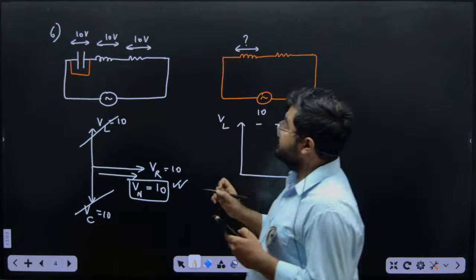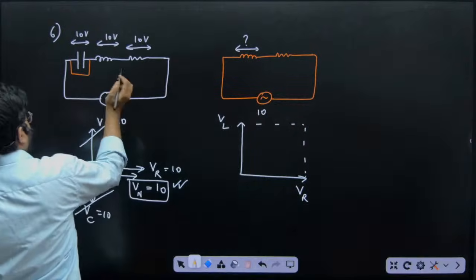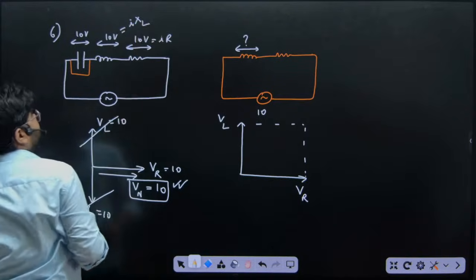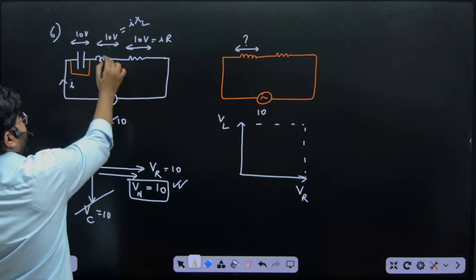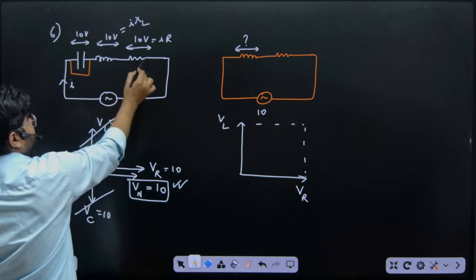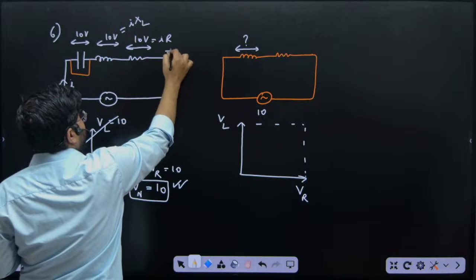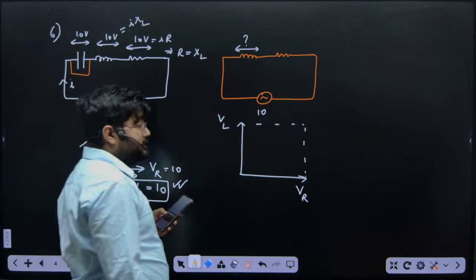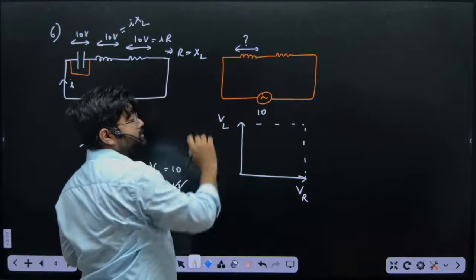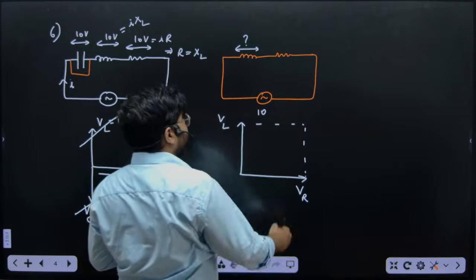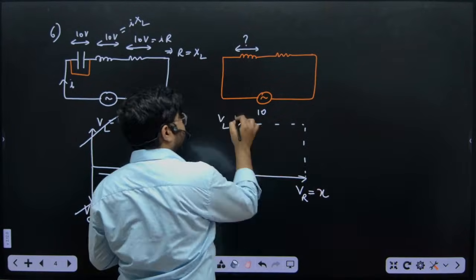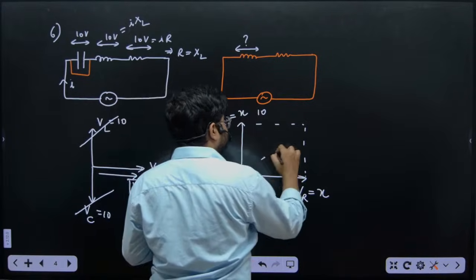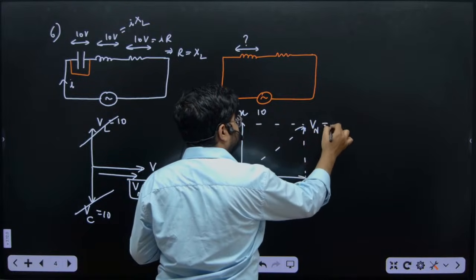From before, as the voltages were equal, we know this is IR and this is I XL. Since they have the same current and they had the same 10 volt across the resistor and the inductor, that means R and XL were equal. That means VR and VL will be equal here also. So if this is X, then this will also be X. The net voltage is given as 10.